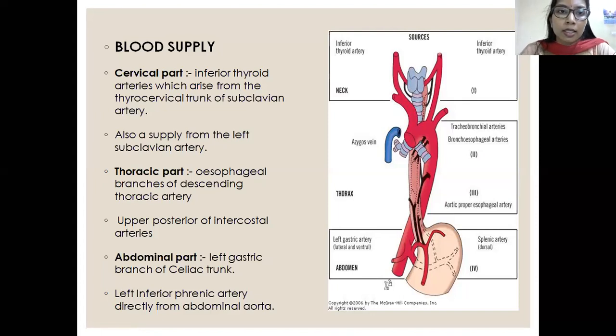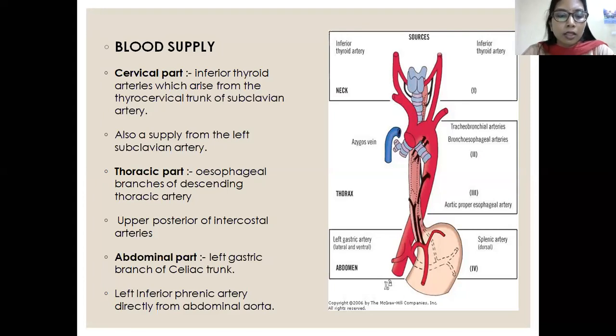So the cervical esophagus is supplied by inferior thyroid arteries, which arise from the thyrocervical trunk of the subclavian artery. They also receive some supply from your left subclavian artery.